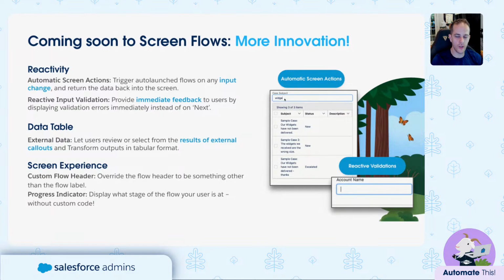And we want to make that much easier without needing to create any sort of custom components. And we also know that people want more control over what the header is in their flow, right? So right now you can only show the flow label, which we know isn't meeting a lot of people's needs. So we want to provide more granularity for that in the future.